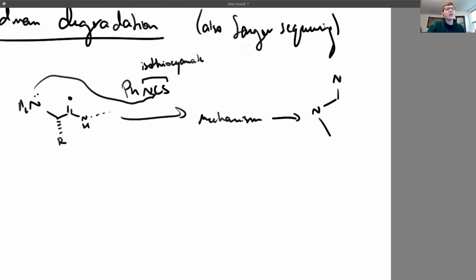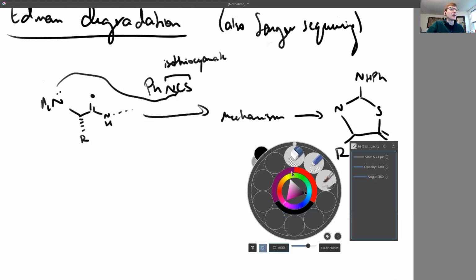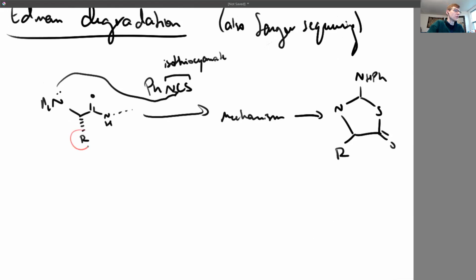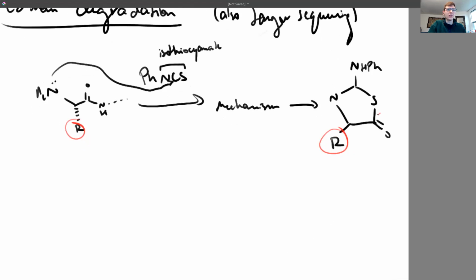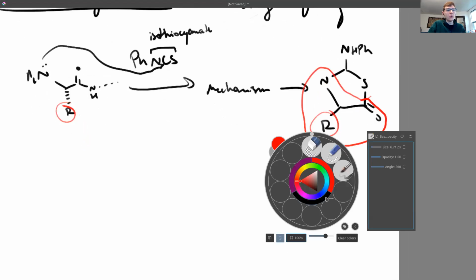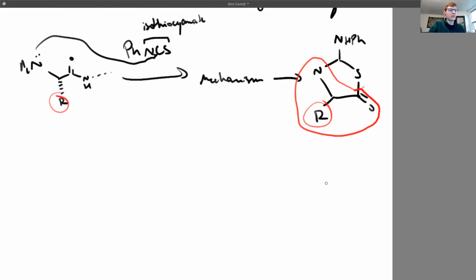It's like this, and then there's an S, and then there's a carbonyl, right? And then this R group is hanging off here. We started with this R group here, and now it's over here. You can see where the backbone is, this is where that whole amino acid was. And we're left with the rest of the structure.